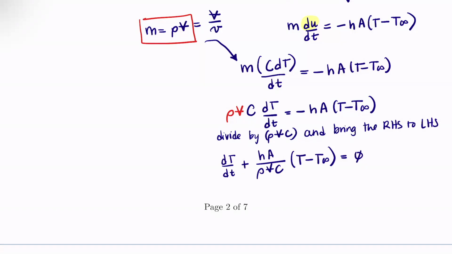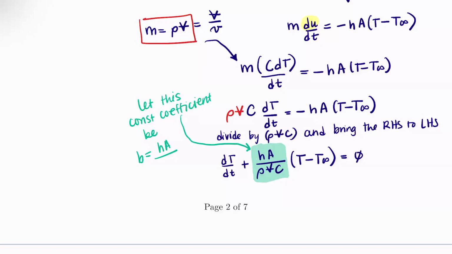Okay, and something that's interesting to make note of right now is that this coefficient out front is a constant for whatever problem that we care about. Obviously, it'll change depending on the problem. So I'm going to call this constant coefficient B. So B is equal to h times A divided by rho VC.